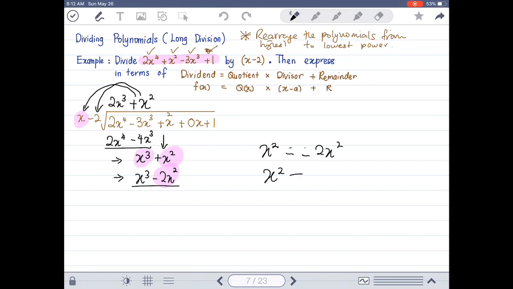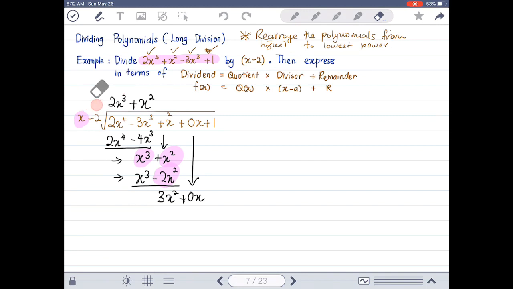Minus minus, we should get plus 2x squared. So it becomes 3x squared. So here 3x squared. Now bring down the next term, plus 0x. Again, the same process will be done.